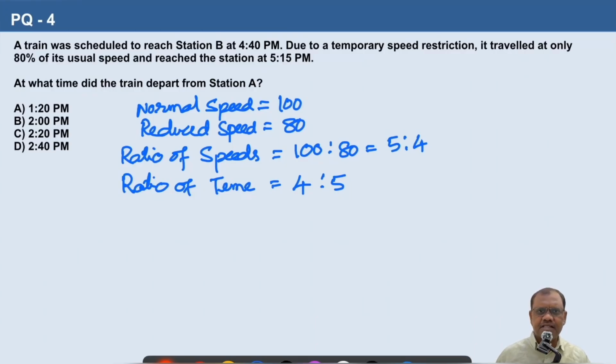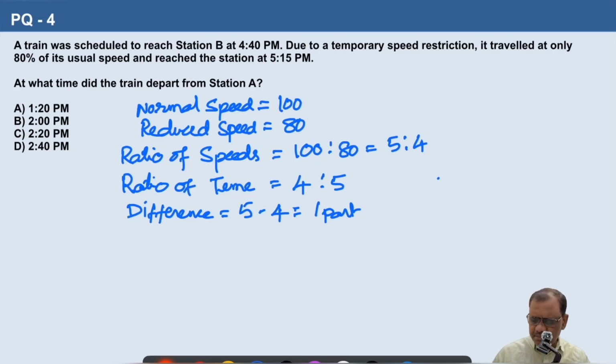So what is the difference here? The difference of timings, according to the ratio, is 5 minus 4, 1 part. So according to the question, what is the time difference? The scheduled time is 4:40, but it is reaching station B at 5:15.